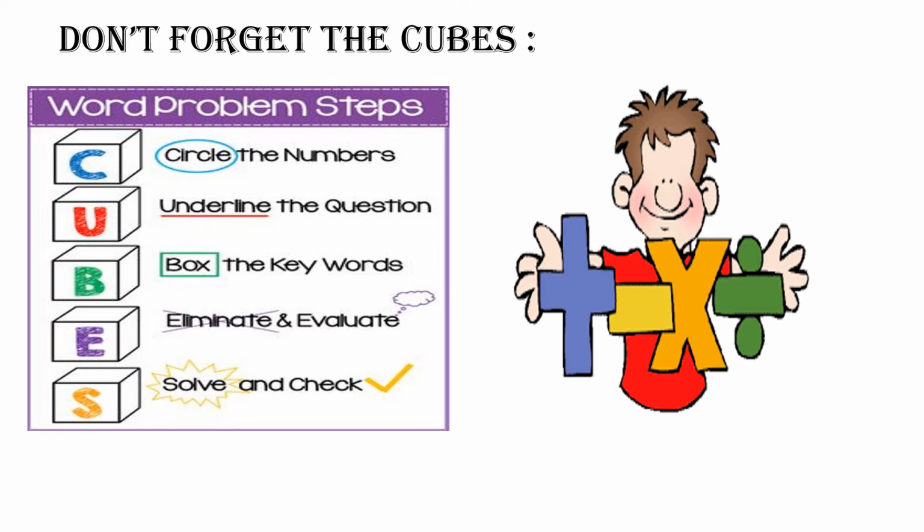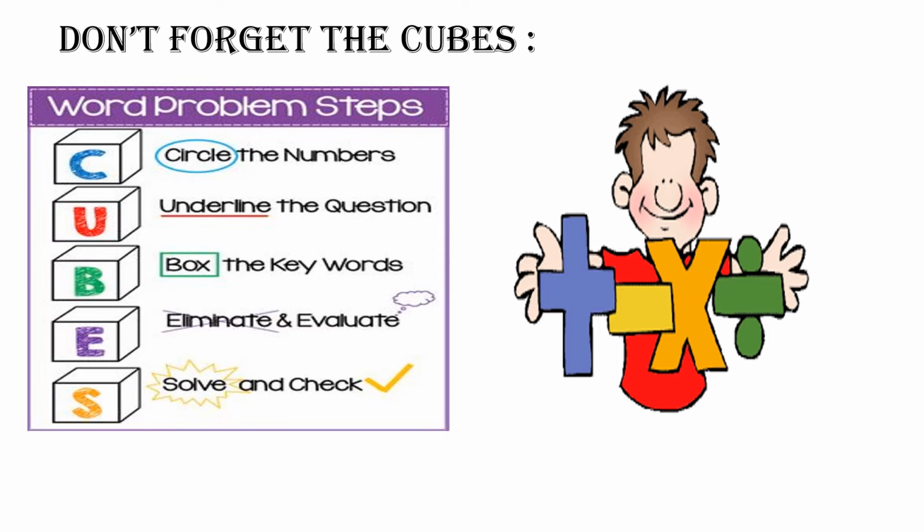Now what is that? First things first, C stands for circle the numbers. So circle the numbers in your word problem which are useful for solving it. U: underline the question. While you are reading, underline the question in the word problem. B: box the keyword.